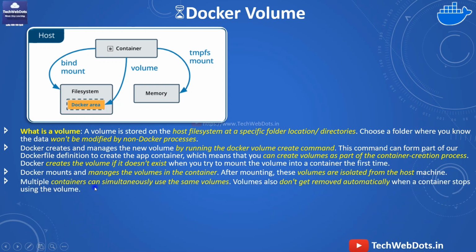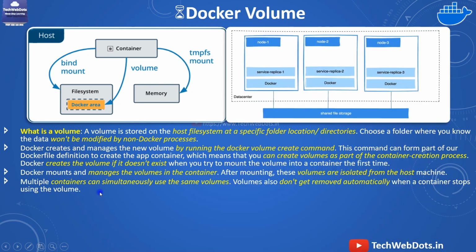Multiple containers can simultaneously use the same volumes. Now this is a little bit different scenario. Let's read it once again. Multiple containers can simultaneously use the same volumes. Volumes also don't get removed automatically when a container stops using the volume. So what we are talking about is external shared file storage.